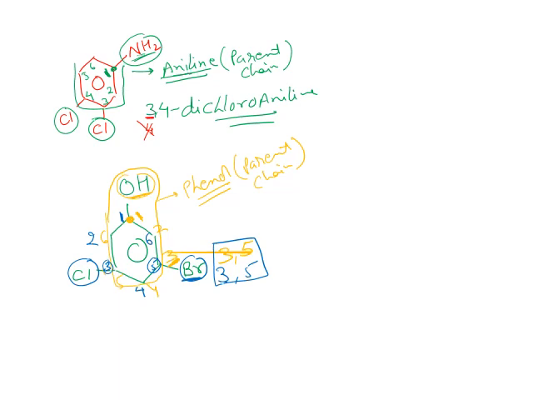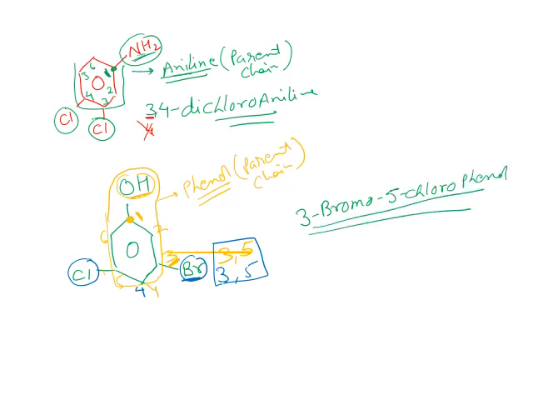So I'm going to take out the blue numbering, right? So the name will be 3 bromo 5 chloro and then phenol.